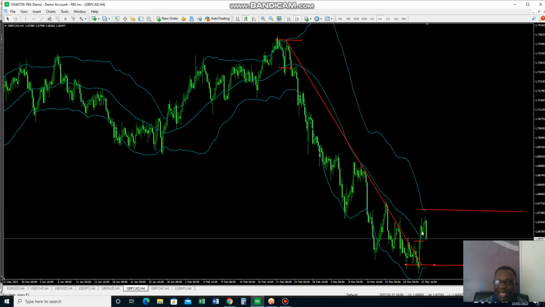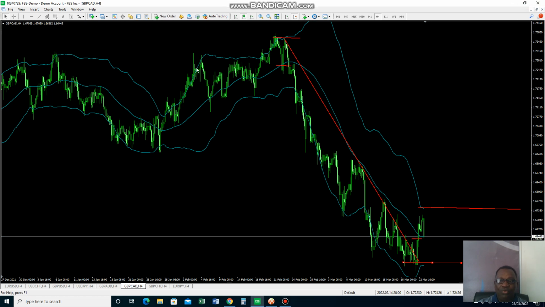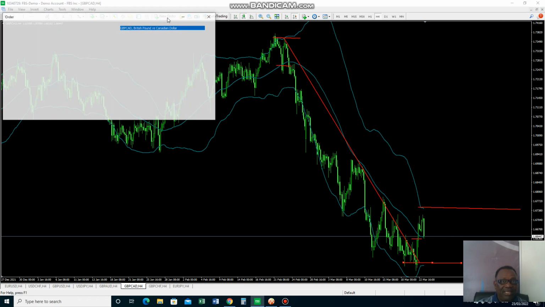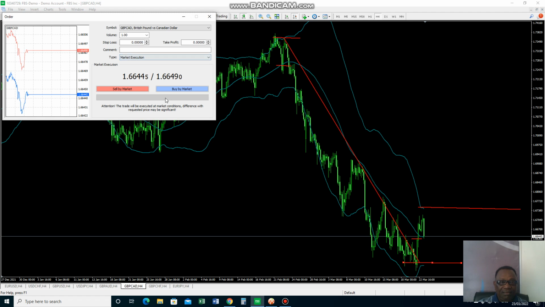So because it has closed above the middle on 4 hours, if we take our first entry here and put our stop loss below here, we will not be making any mistake of taking an entry. But in taking your entry, you will ensure that you go into trading with a lot that is not too big.